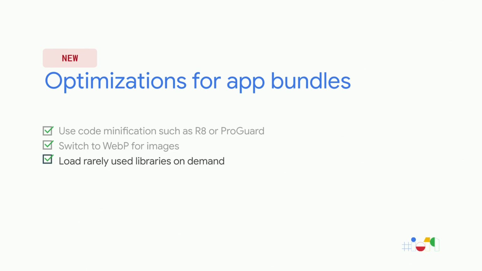All right, so the next optimization is extracting rarely used libraries. Sometimes your app makes use of a library which takes quite significant space in your app, but is used only rarely by your users. By extracting this library in an on-demand dynamic feature in the app bundle and downloading it only when the user needs it, you can often reduce the size of the initial download by a few megabytes.